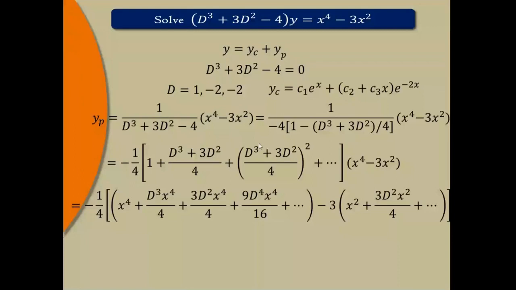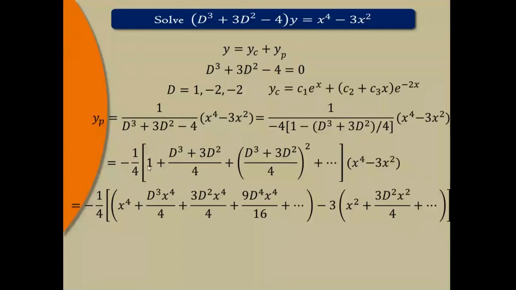That will be higher power than 4. So we skip that. Middle term will be 2 times product of these two. But what is the product of these two? D cube into d square. That will be d raised to 5. Higher power than 4. Skip it. Last term square. D square is d raised to 4. Same power. So it will be 3 square d square is 9d square by 4 square. That is 9 d raised to 4. Same power x raised to 4 divided by 4 square.